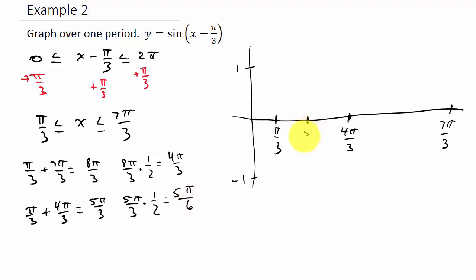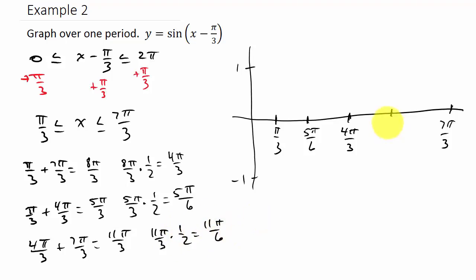So this midpoint is 5 pi over 6. And then I need the midpoint between 4 pi over 3 and 7 pi over 3. So 4 pi over 3 plus 7 pi over 3 is 11 pi over 3. And 11 pi over 3 times 1/2 is 11 pi over 6.